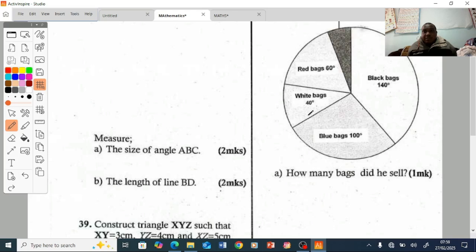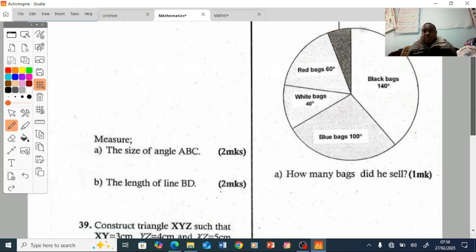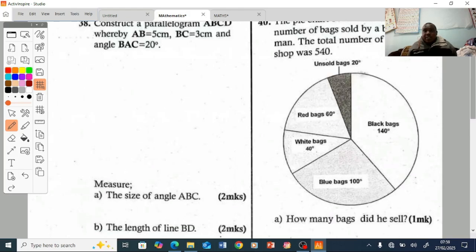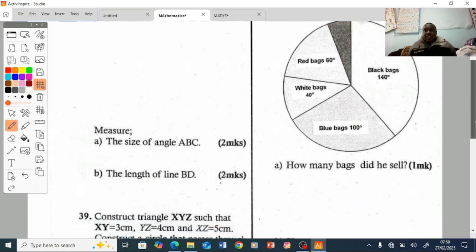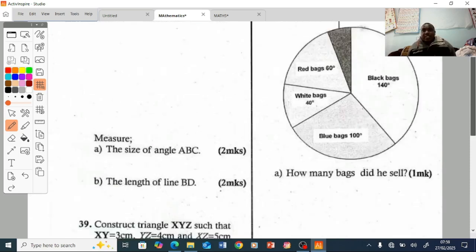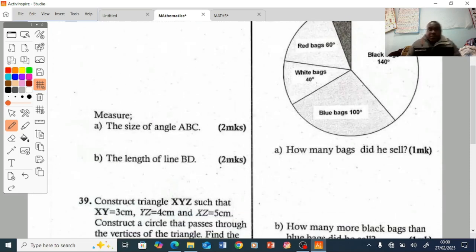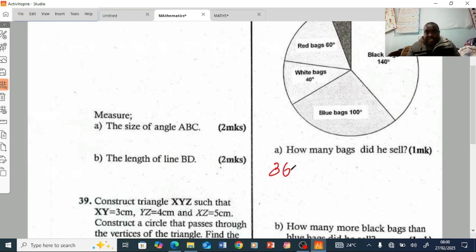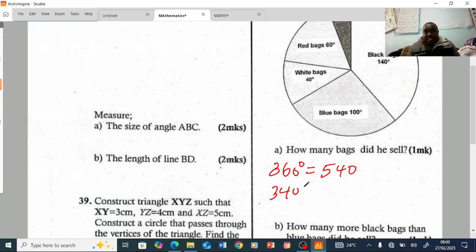Black bags, blue bags, white bags. Next, the unsold bags were 20 degrees. So 20 degrees was unsold. Okay, so it means 360 degrees is equal to 540, the total bags. So 340 degrees will be what?